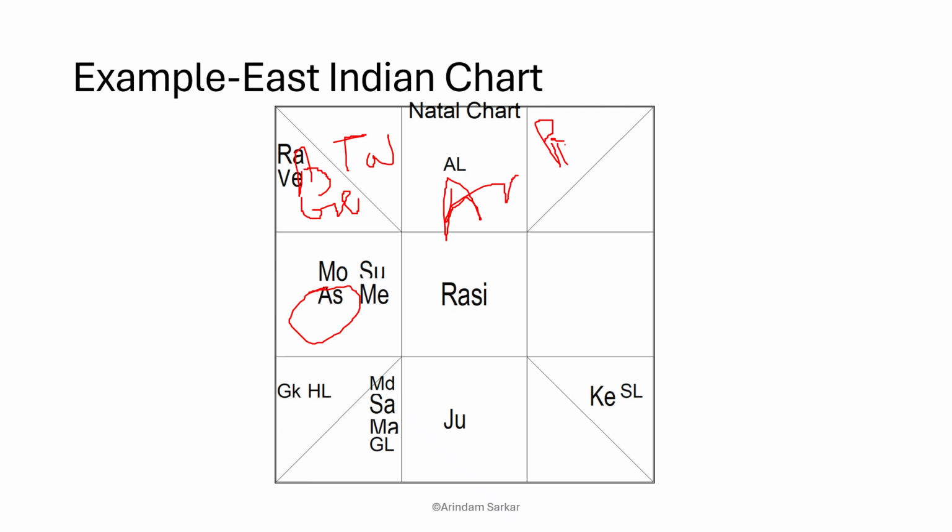South Indian charts and Eastern Indian charts you should learn before you go deeper into Rashi Drishti. I will describe all these things in my upcoming lecture series. For now, these are the things I wanted to communicate.